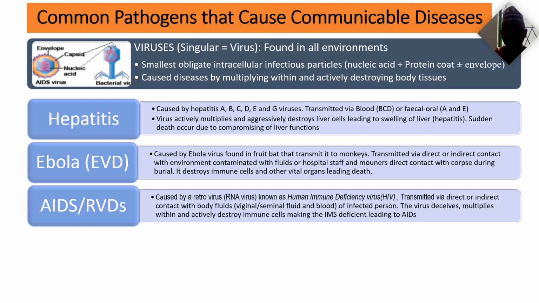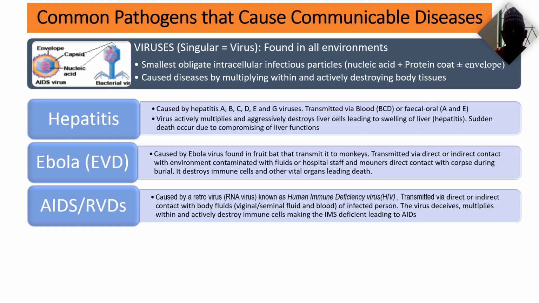Now, this virus is transmitted through direct or indirect contact with body fluids from an infected person. Examples: vaginal fluid, seminal fluid, and blood from the infected person to the non-infected person, maybe through unprotected sex, sharing sharp objects, and blood products.